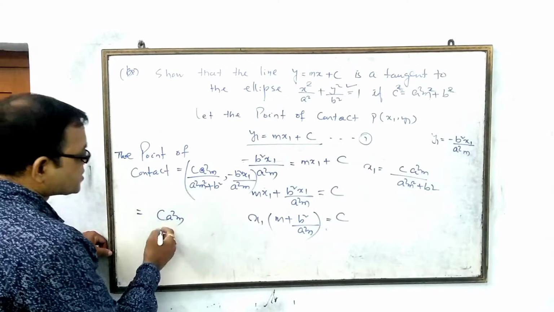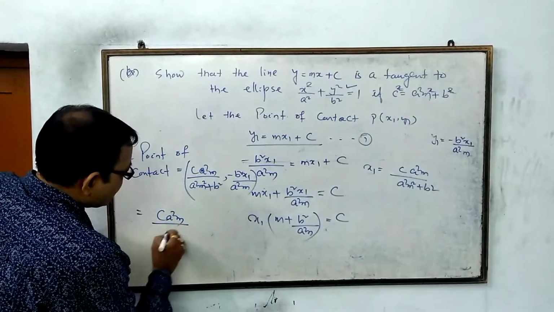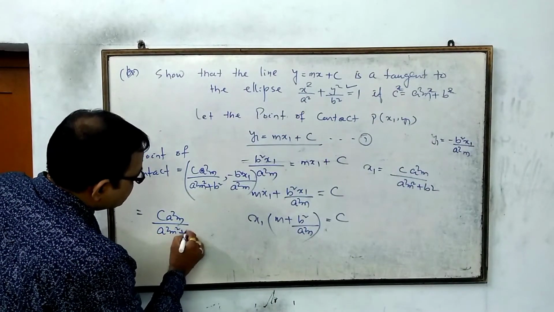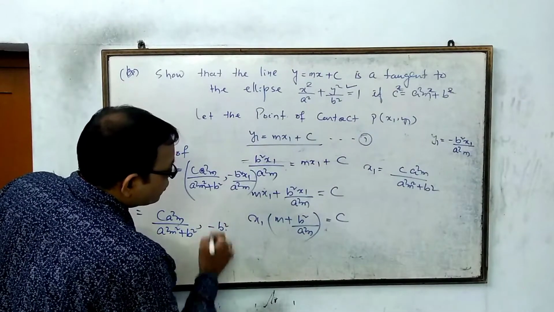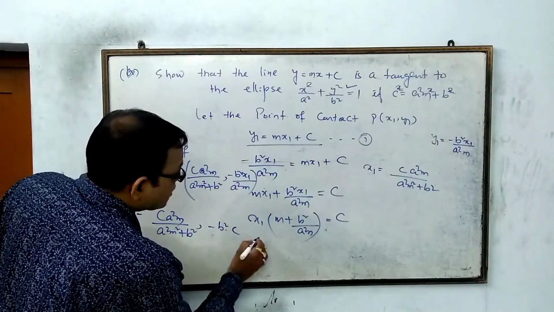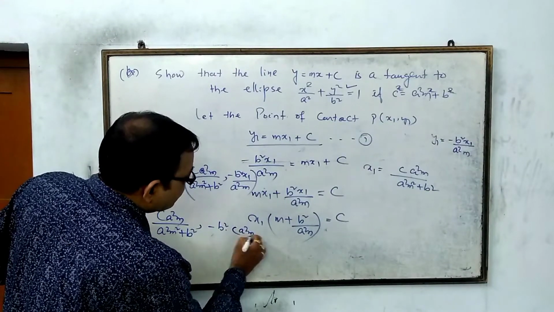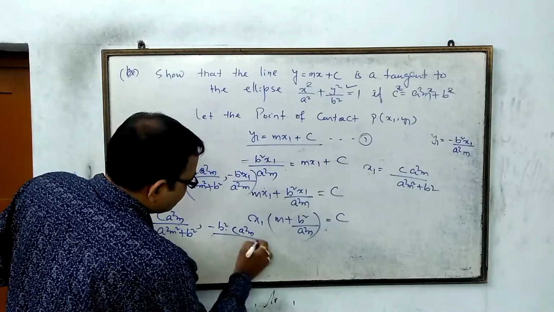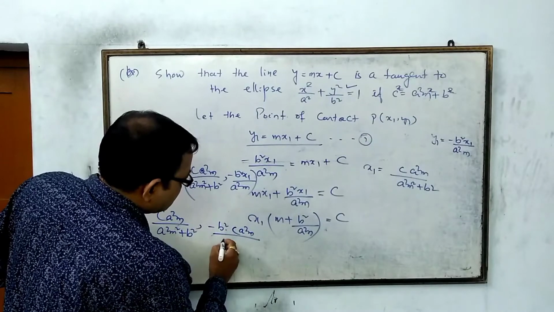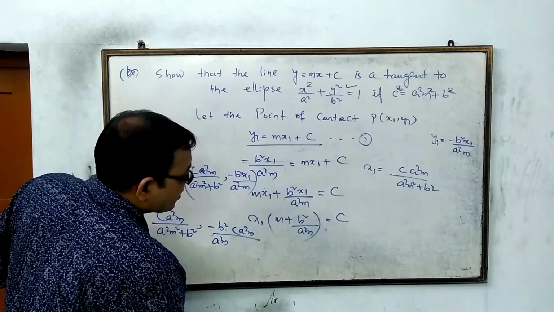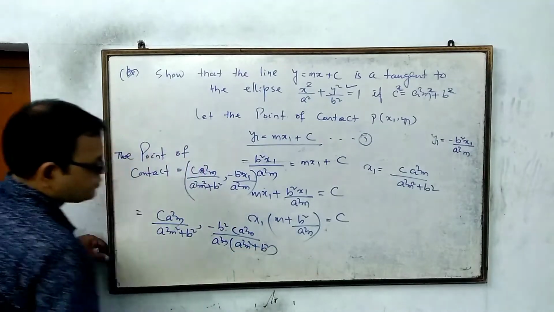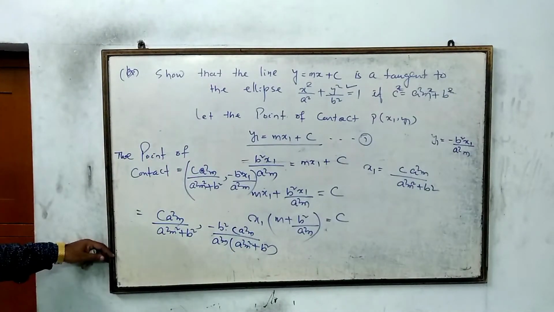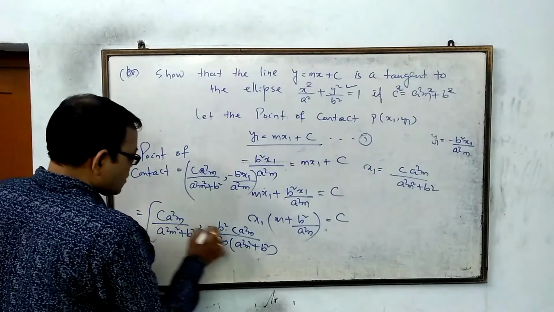So x1 is c a square m by a square m square plus b square, and y1 would be minus b square into c a square m by a square m into a square m square plus b square. This is your contact point.